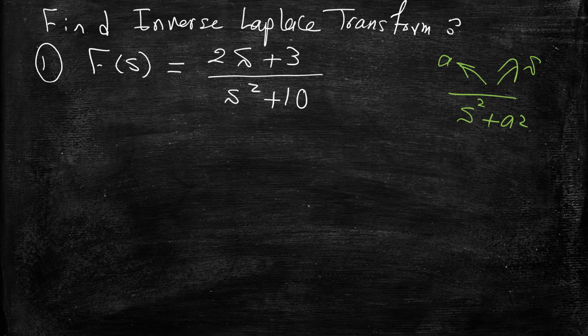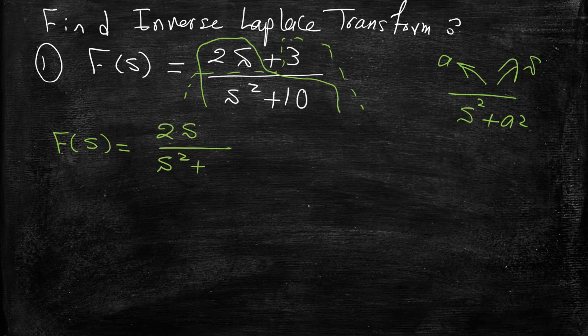So we will do it this way: we can divide this numerator 2s plus 3 into two things, doing some partitioning of the numerator over the common denominator. This one is 2s over s squared plus 10, and the other one is 3 over s squared plus 10.